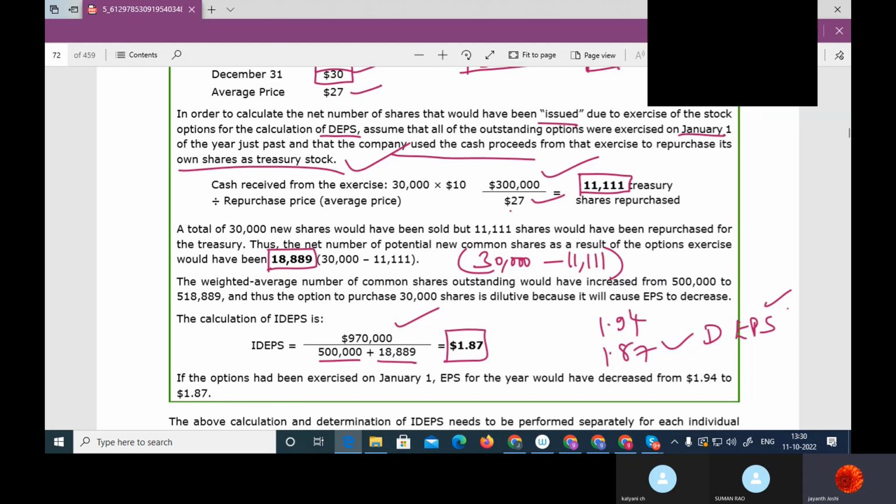Here also you need to find those two, but additional shares if you are issuing to anyone, if the bonds are getting converted, if the preferred stock is getting converted, those things you need to add. That means those adjustments are to be taken additionally for finding diluted EPS. Those additional ones only we are considering while calculating the diluted.